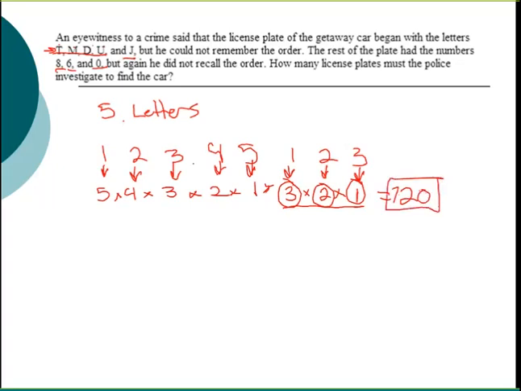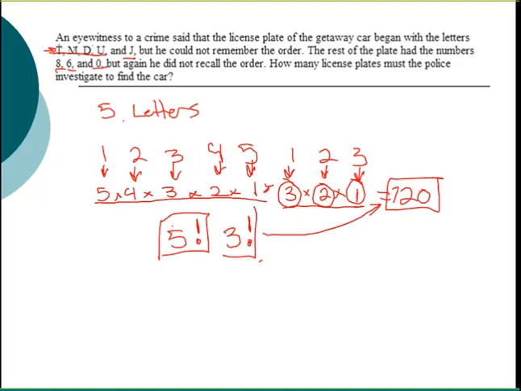Okay, and now basically we could also have written 5 factorial times 3 factorial. That would give you that much faster because there's 5 different letters, and notice this is 5 factorial. And again, I'm assuming you've watched one of the next 2 lessons before this one. And then the 3 factorial is there's 3 positions, and we do care about the order. Okay, so that's the shortest way to do that, 5 factorial times 3 factorial.